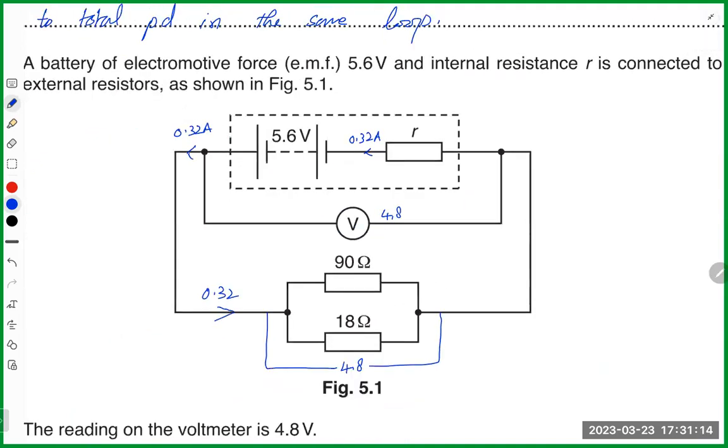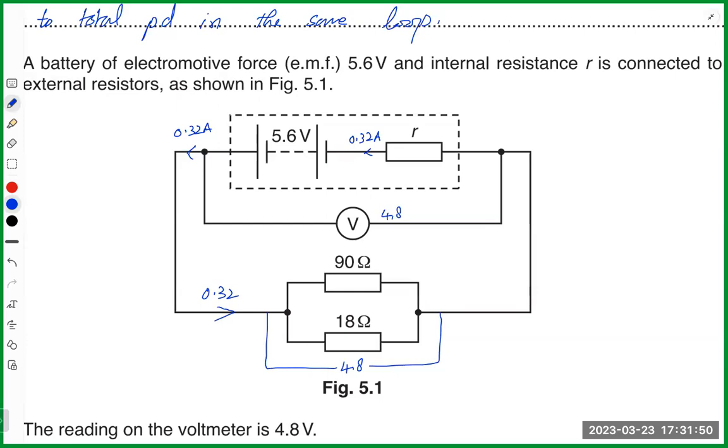If we are looking for the current passing through the 90 ohm and 18 ohm resistors, we should know the potential difference across these resistors. 5.6 is not making its way to them. 5.6 is the total EMF generated by the chemical reaction inside the battery. Some of that energy is lost within the battery while the current goes to the terminals of the battery.